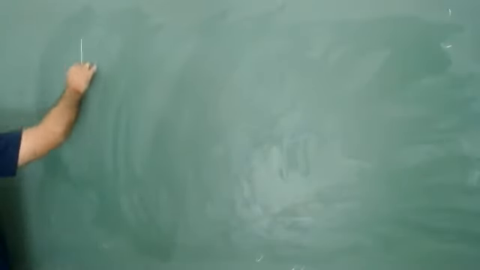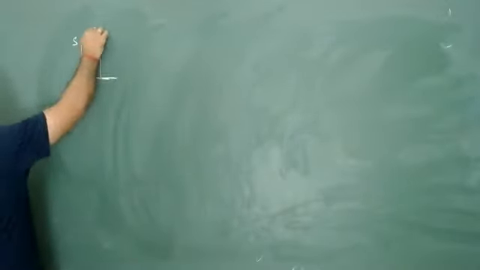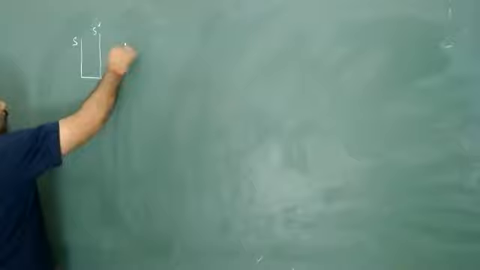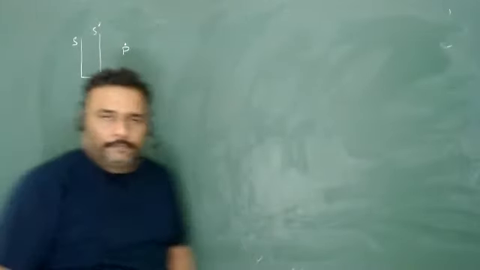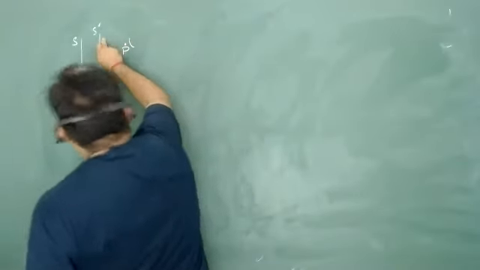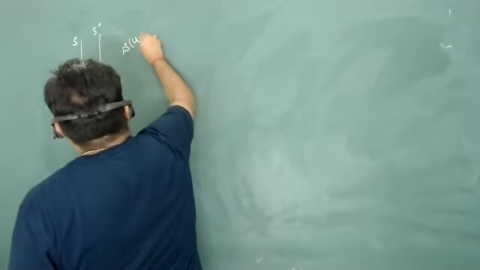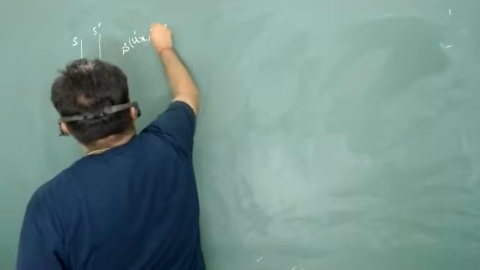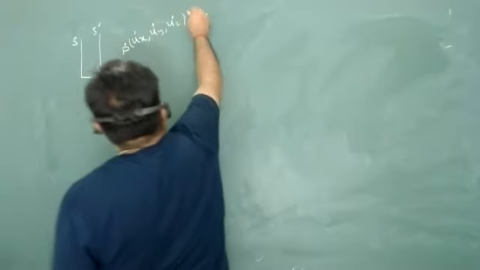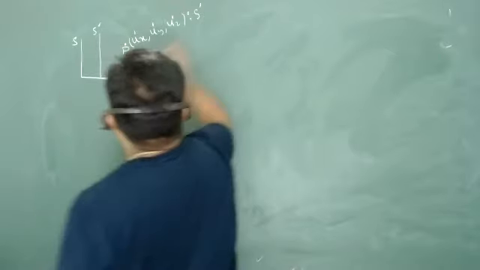We have the S frame, and again we have the S dash frame. Suppose this particular point is P. This is some particle, don't worry. This point is moving with respect to S dash with speed ux dash, uy dash, uz dash in i, j, and k cap, and this is measured by the observer who is at rest with respect to S dash.